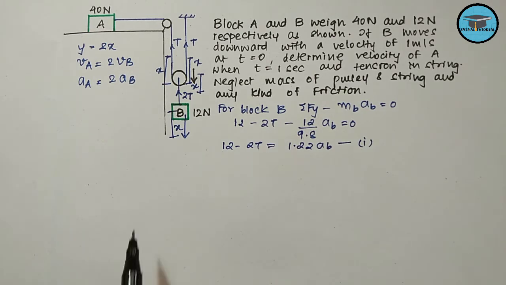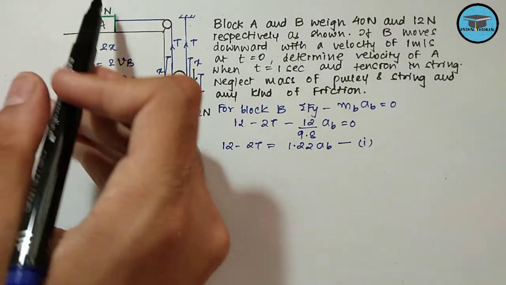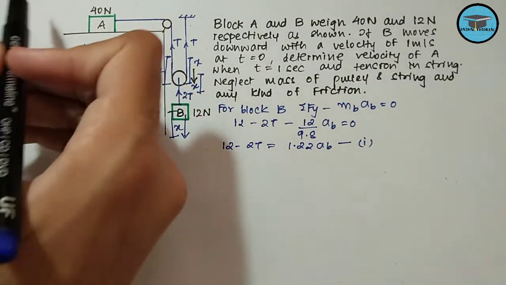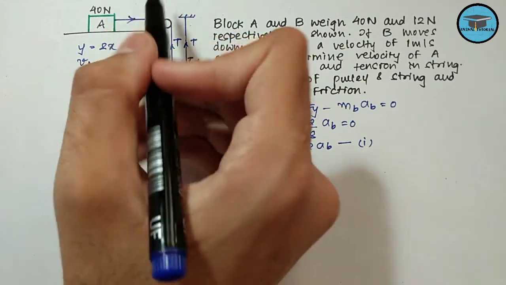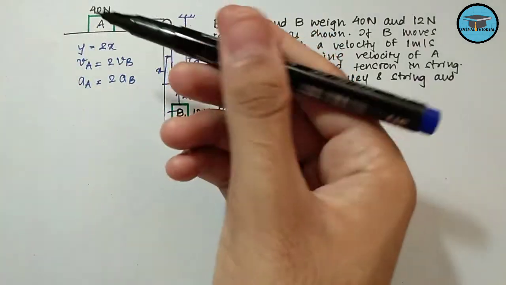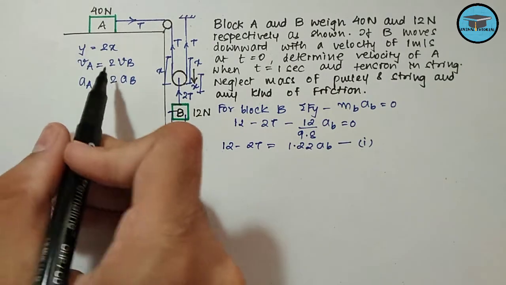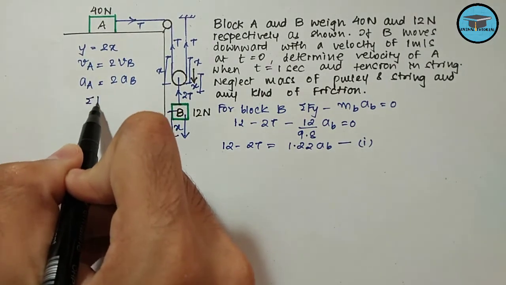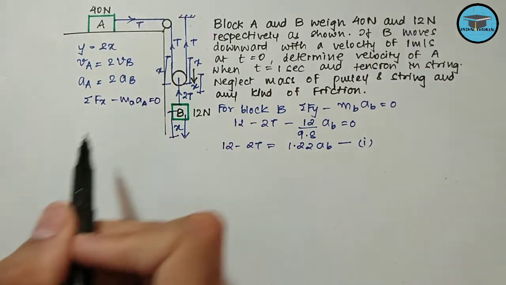Now we will apply D'Alembert's principle for block A. Since there is no friction, there would only be tension in the string, let us say T. Applying D'Alembert's principle for block A, we get sigma Fx minus mass of A into acceleration of A equals 0.